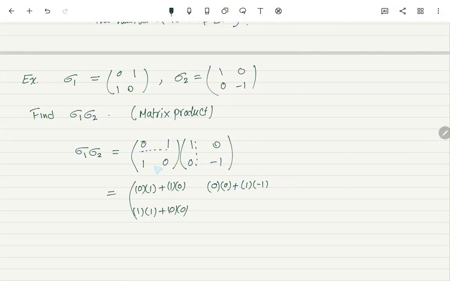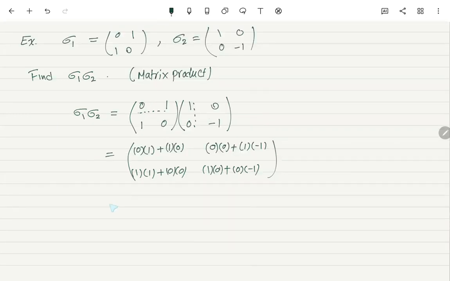And the last term is the second row with the second column, which is 1 times 0 plus 0 times minus 1. For that reason, the number of columns of the first matrix has to be the same as the number of rows of the second matrix. After all, this will be equal to 0, minus 1, 1, 0.